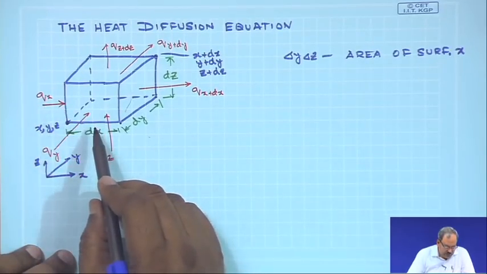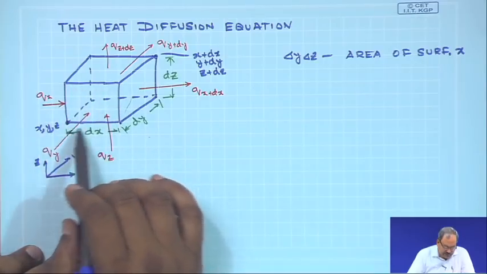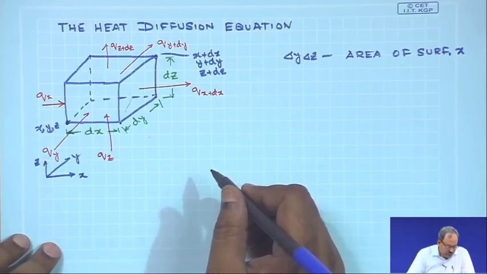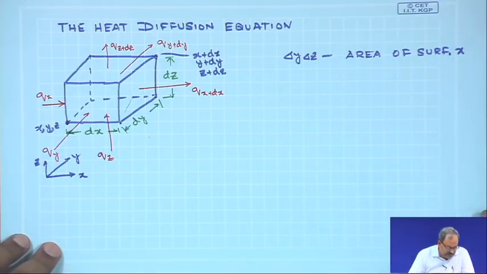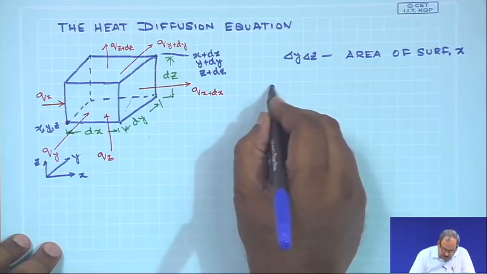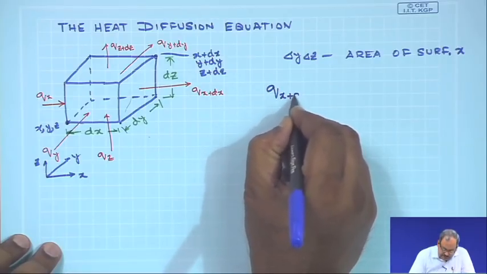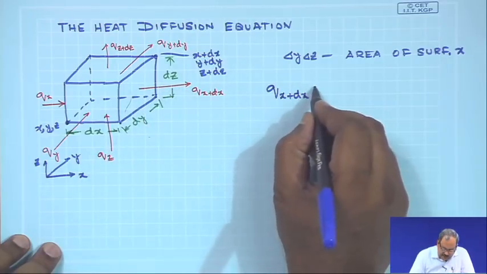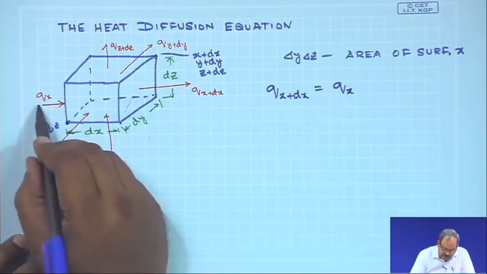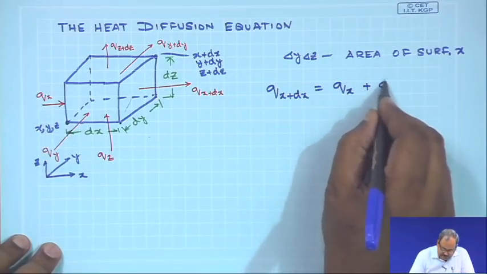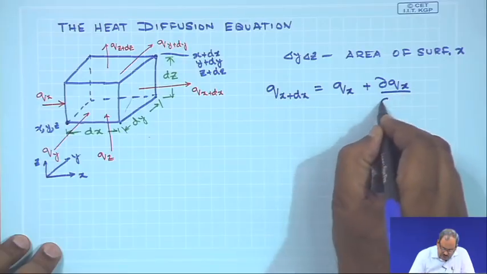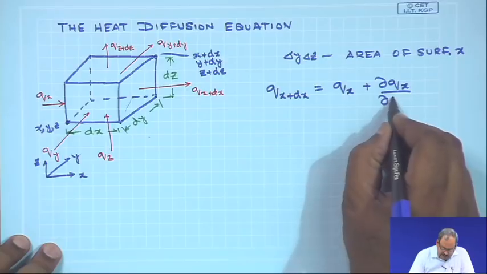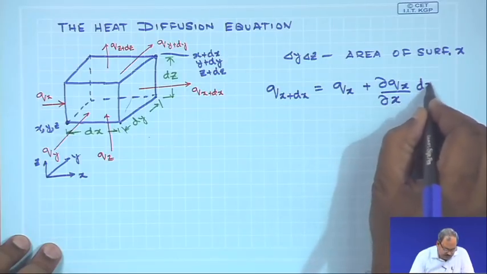So, we are going to write the energy equation with the conservation of energy for this control volume. In order to do that, the first thing that we have to do is express q x plus dx, that is the amount of energy which leaves the x face, as the amount of energy which comes in to the x face plus the change of conductive heat flow in the x direction with x multiplied by dx.